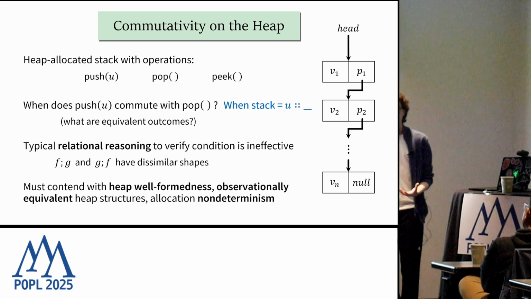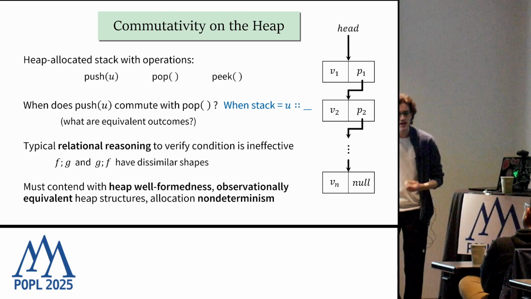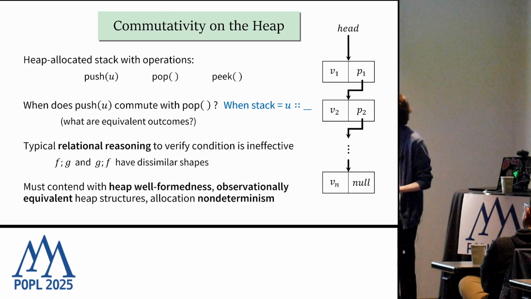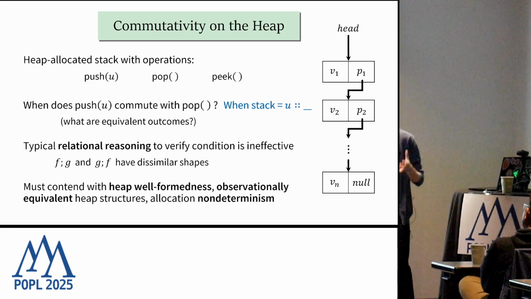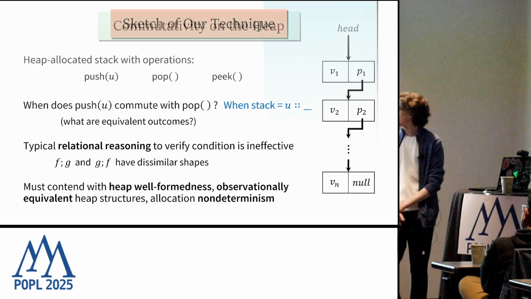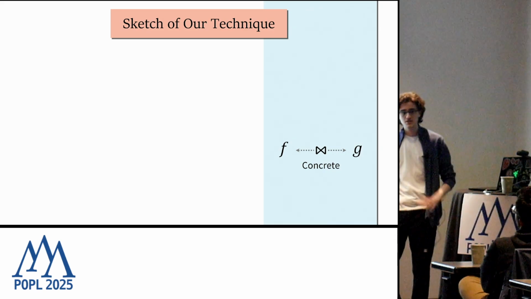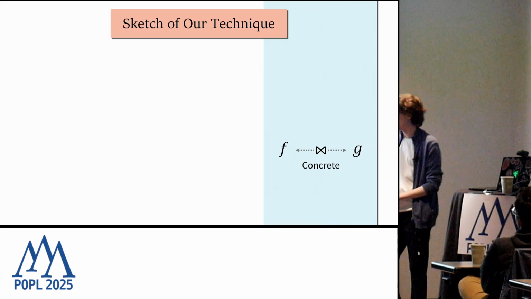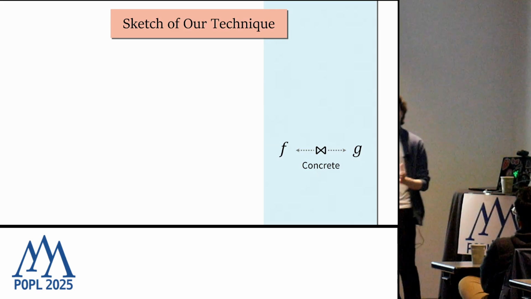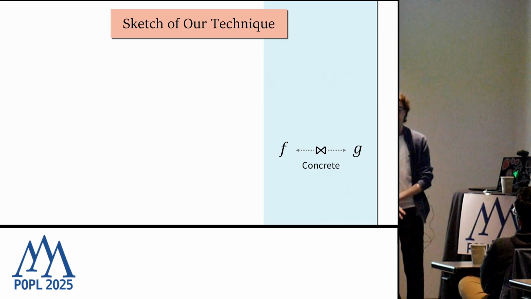So what we sought to do was wrap all these things together and leverage abstraction to be able to work with this problem much more straightforwardly and simply. So with that in mind, and the abstraction we've designed, here's what our technique looks like in broad strokes. So we want to analyze the commutativity of our concrete program pair.